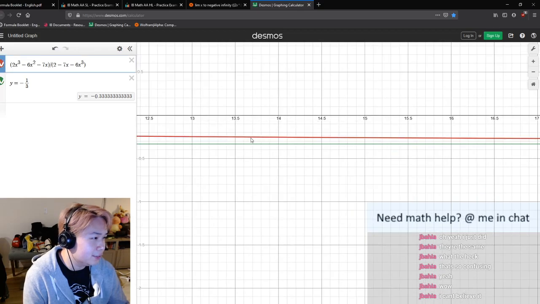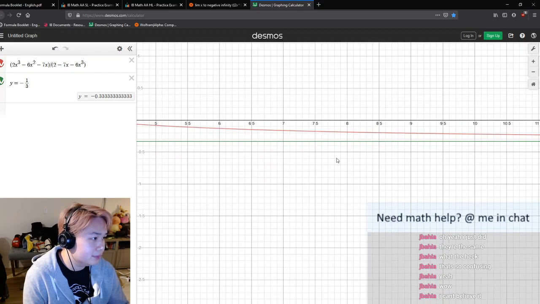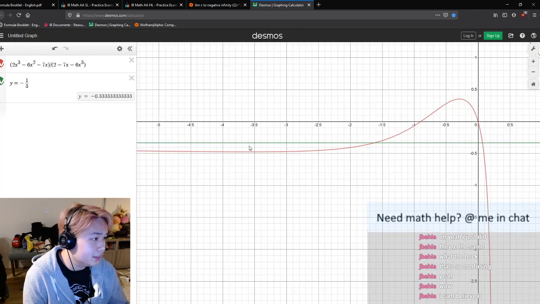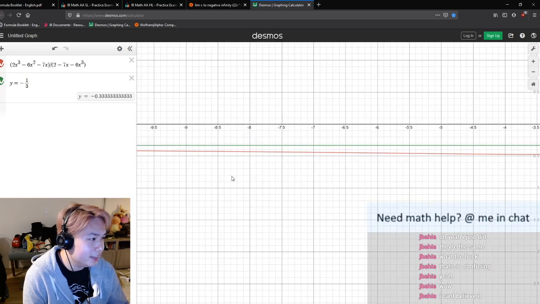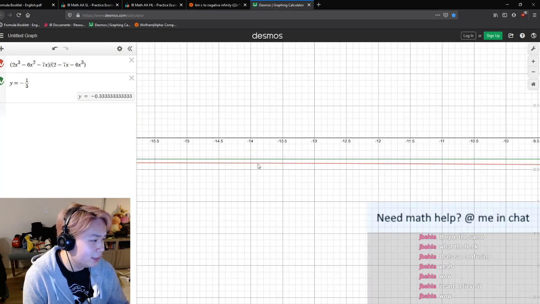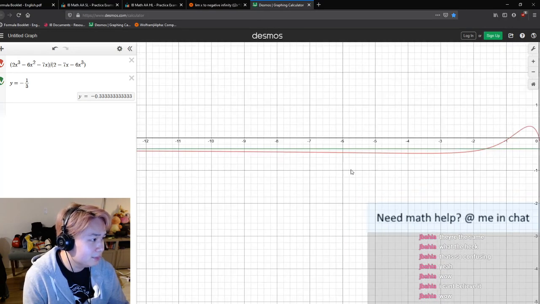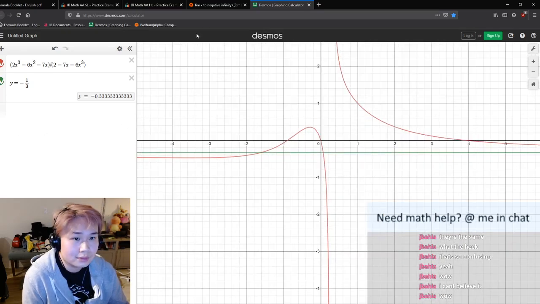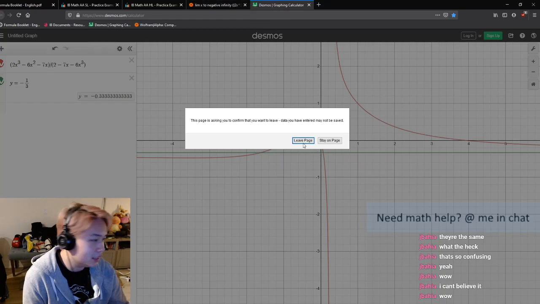And same thing over on the other side. So here's negative 1/3, and here's your graph. As you head towards negative infinity, you see it gets closer and closer to negative 1/3 on both sides. So I guess it wasn't that big of a deal.